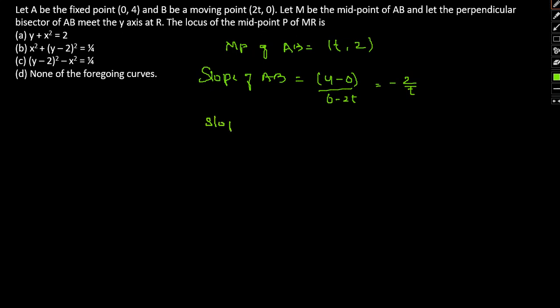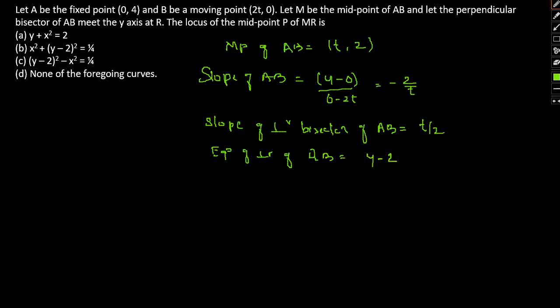Therefore slope of perpendicular bisector of AB will be t by 2, because the product of both will be minus 1. Now equation of perpendicular bisector of AB will be y minus 2 equal to t by 2 (x minus t).